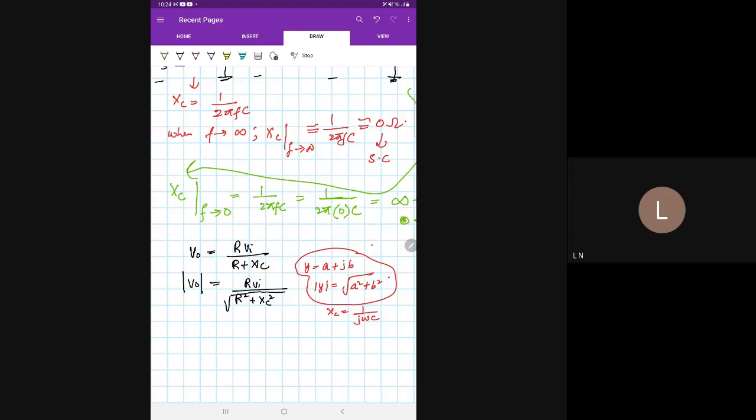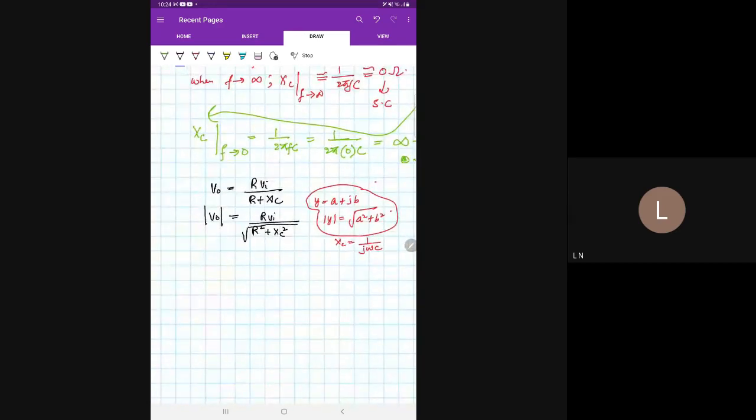So we can find the magnitude of the output, which is the root of R square plus XC square.